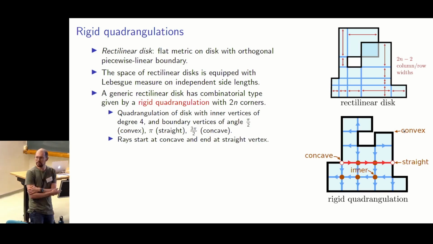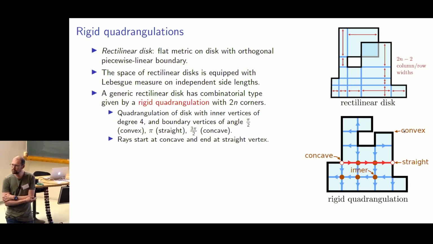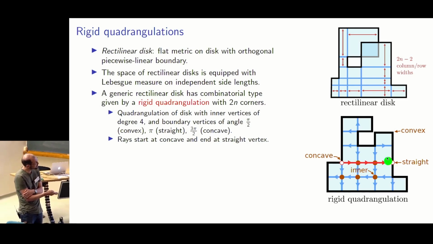Yes. So could you Yes, indeed. So by definition, I now orient all the edges away from the concave vertex. I actually use this decoration because it will come in handy later, but you can recover it. Yeah. Okay?